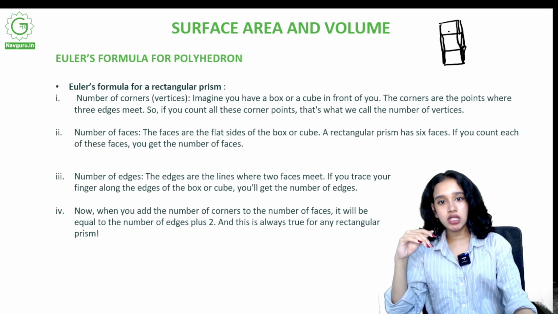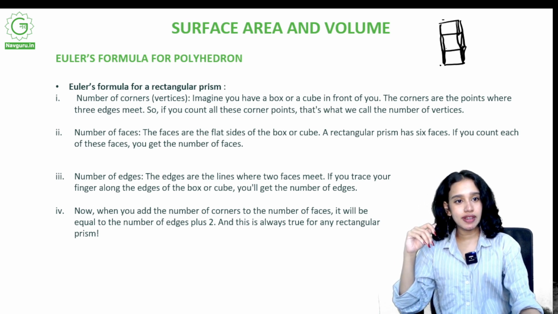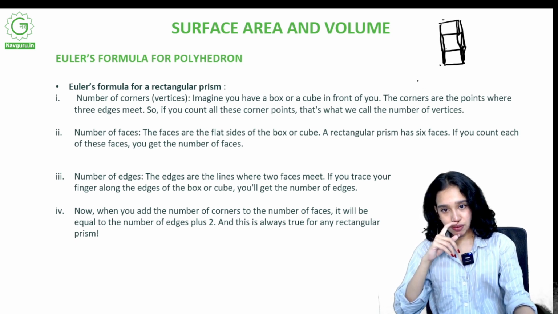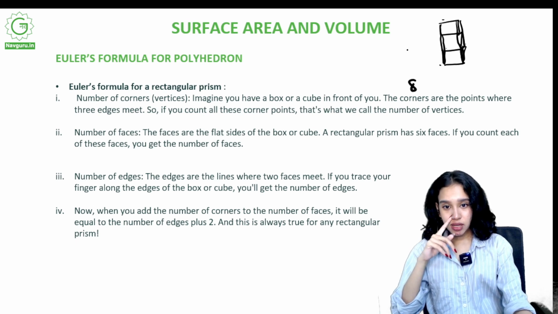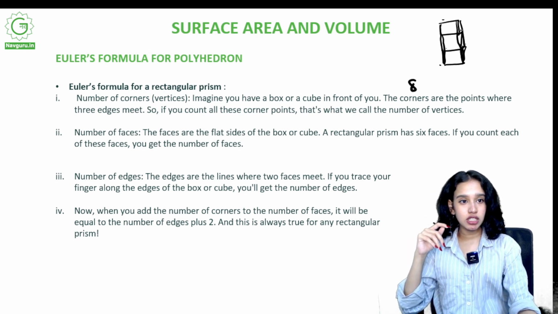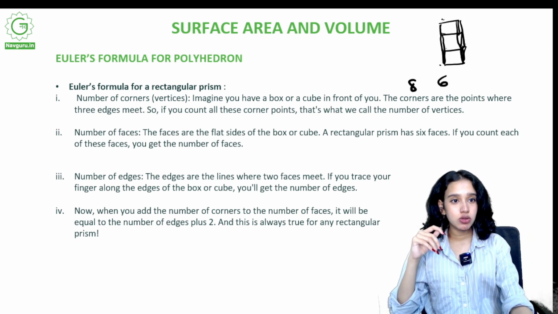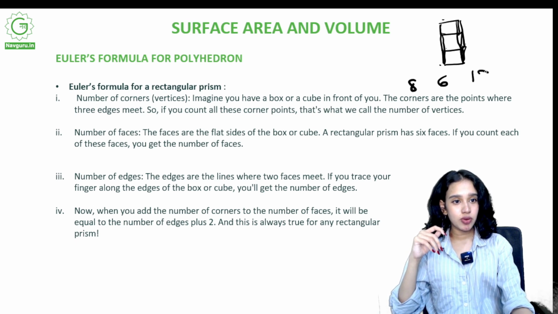Now the number of corners, we have 1, 2, 3, 4, 5, 6, 7, 8, right? So we have 8 corners. Number of faces, the faces are flat sides, so we have 1, 2, 3, 4, 5 and 6. So we have 6 faces, and number of edges we have 1, 2, 3, 4, 5, 6, 7, 8, 9, 10, 11, 12. So we have 12.